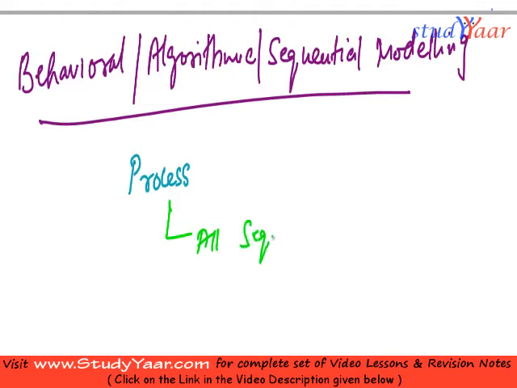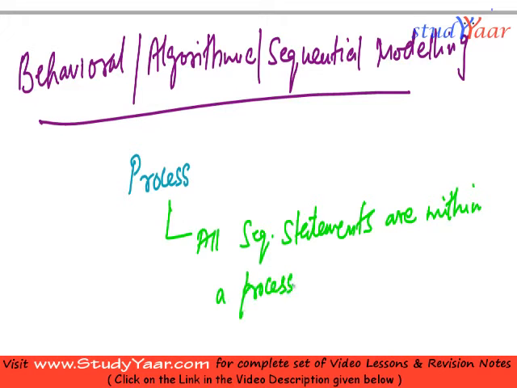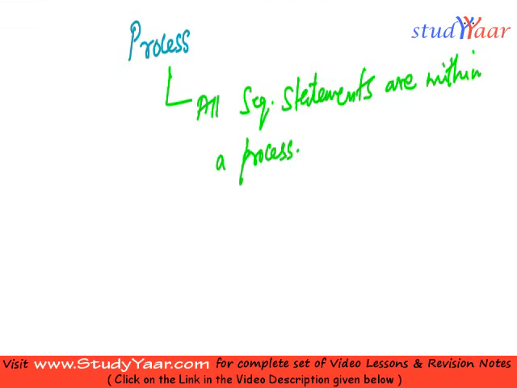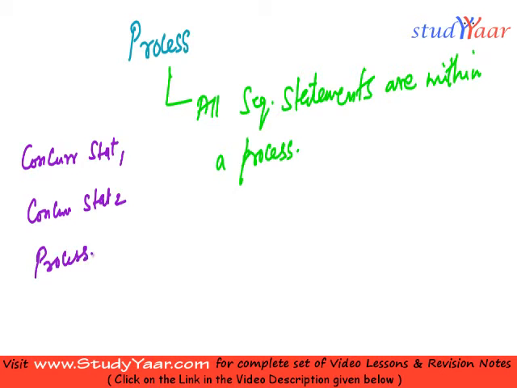All sequential statements are within a process. But just realize one thing, your process in itself is going to be concurrent. So you can have some concurrent statement, another concurrent statement, and you can have a process, and another concurrent statement.